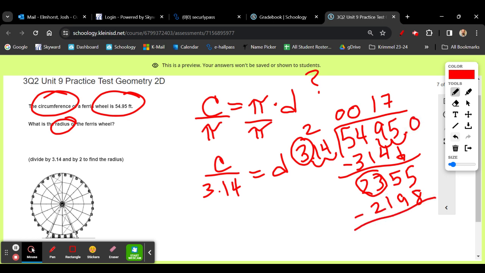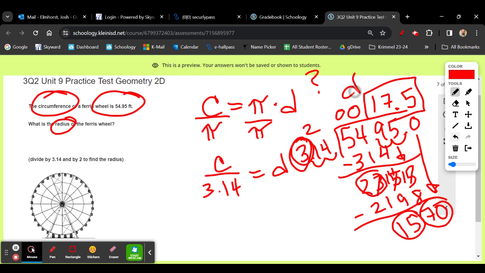So it looks like we still have a remainder here. Got 15 minus 8 is 7. 14 minus 9 is 5. And it looks like 3 goes into 15 5 times, and 5 times 14 is 70.